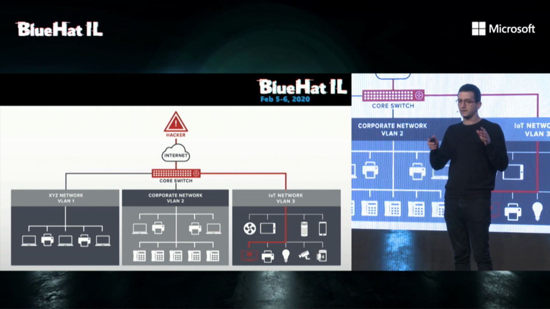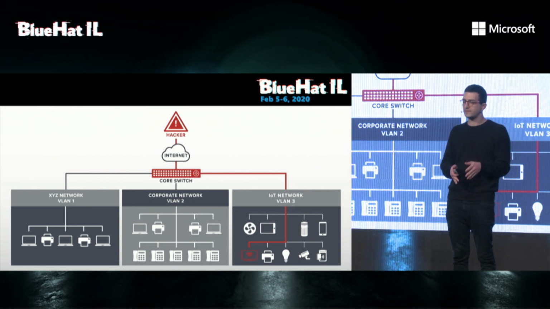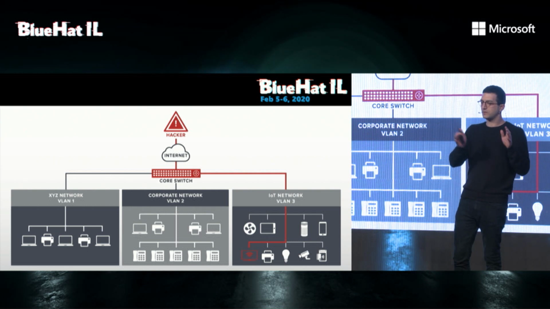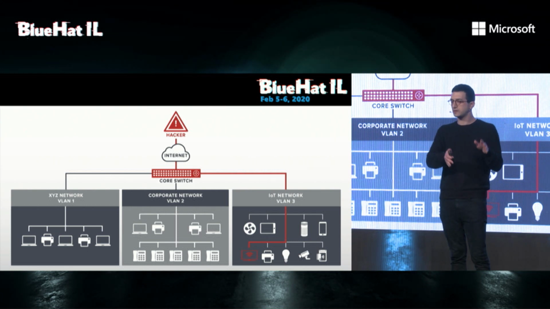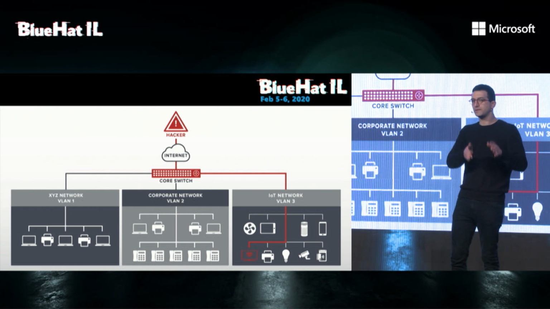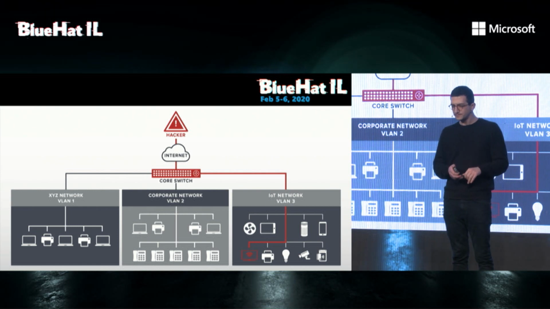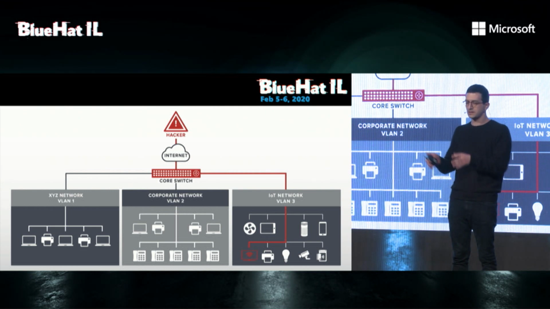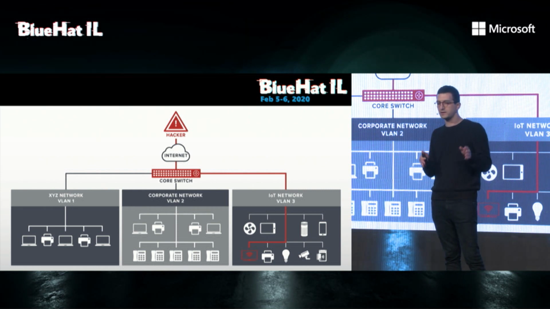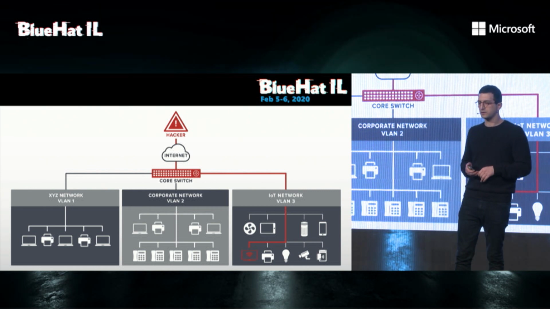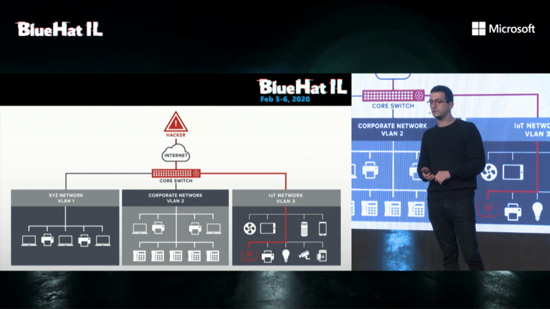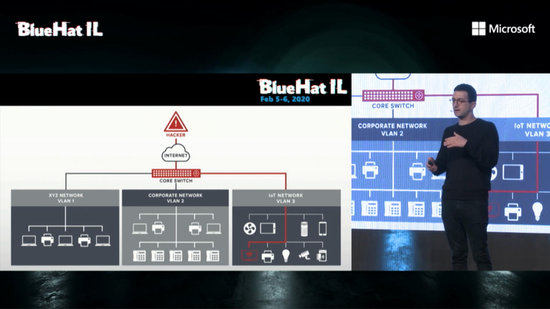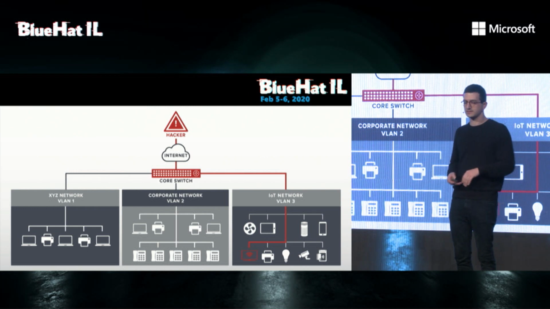You would separate your devices based on trust level and based on types of device. So you might have one segment for low-grade IoT devices that you don't trust at all. They connect to the internet, but you really don't want them to interact with anything on your network. And then you would have a corporate segment with all your corporate assets, your computers, and so forth. And so the network would be split according to these segments in order to prevent devices with low-grade trust access levels from talking to devices in higher trust levels.